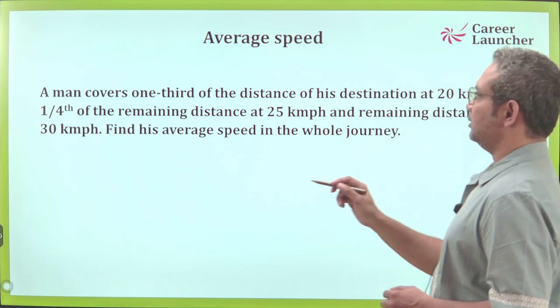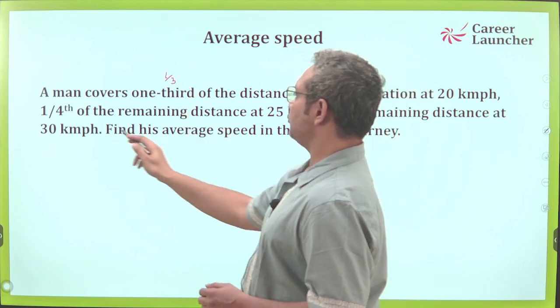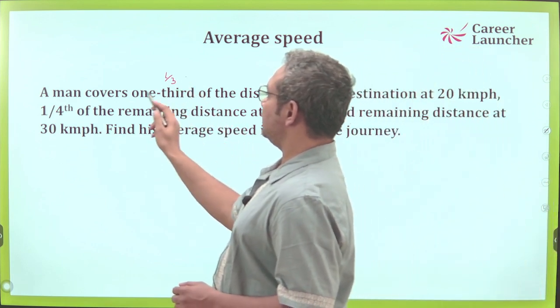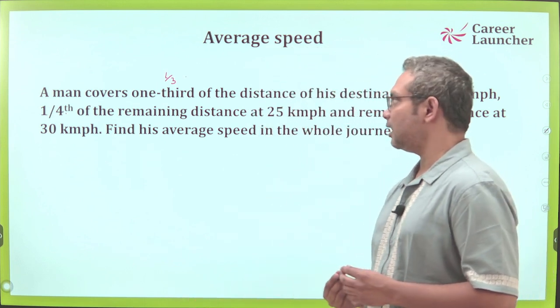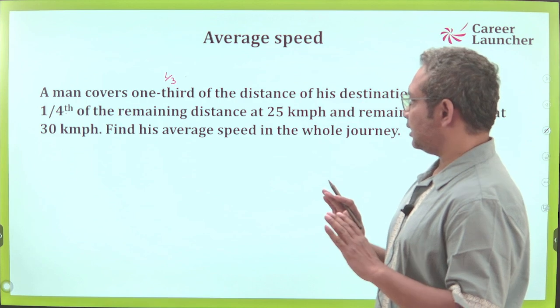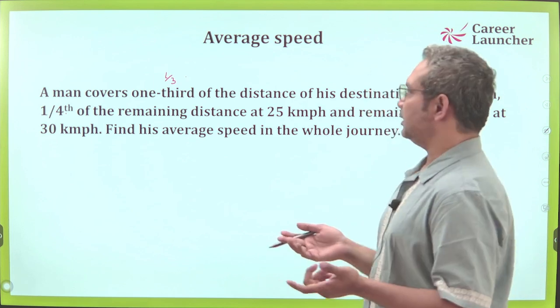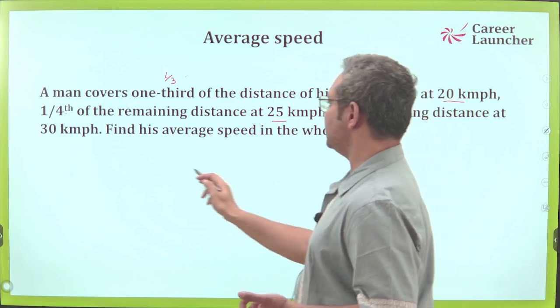So here we have some fractions, as you can see it's 1/3, then 1/4 and the remaining. So if you look at the denominators 3 and 4, their multiple is 12. So you have to take whole number values, so you can take the distance to be 12, but then you have to also divide the distance by 20, 25, 30 and so on.